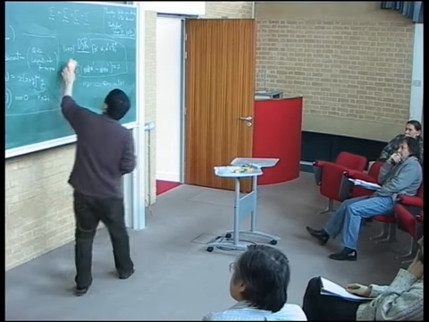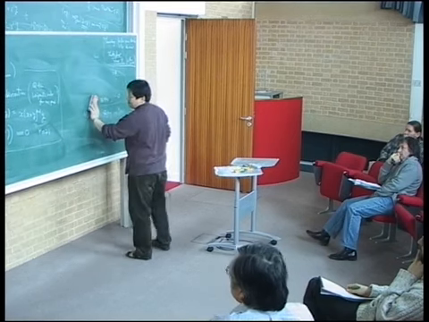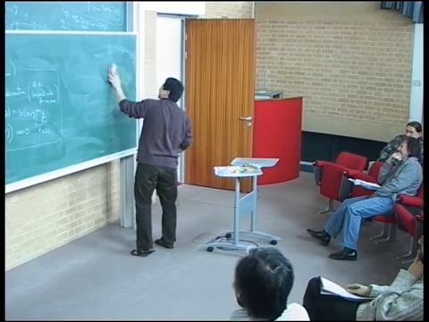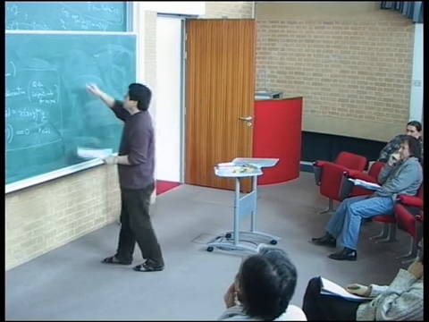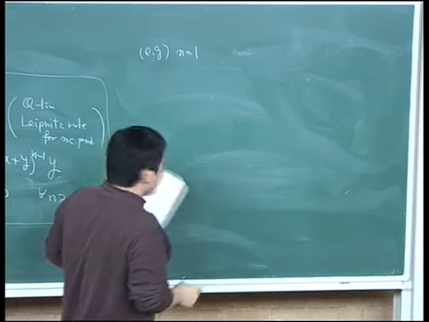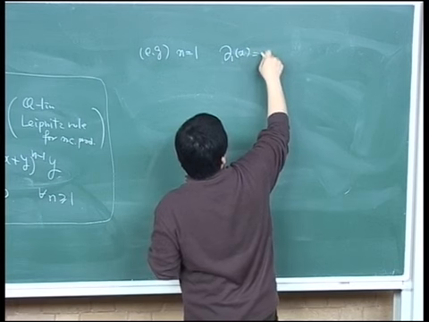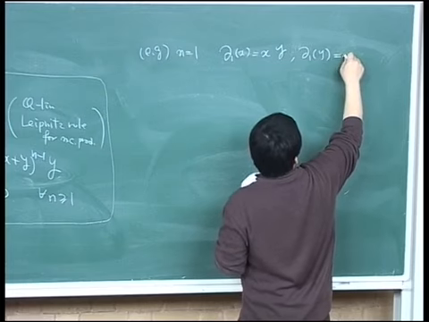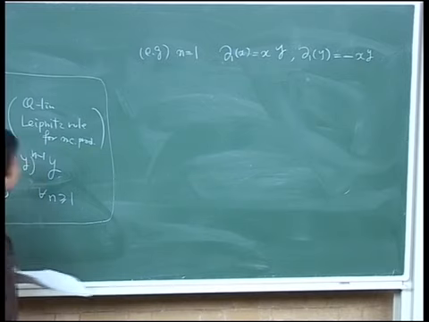Let's see the example. For example, when n equals 1, it's the Hoffman relation case. Del 1 sends x to xy, and del 1 y is negative xy. Power is n minus 1.